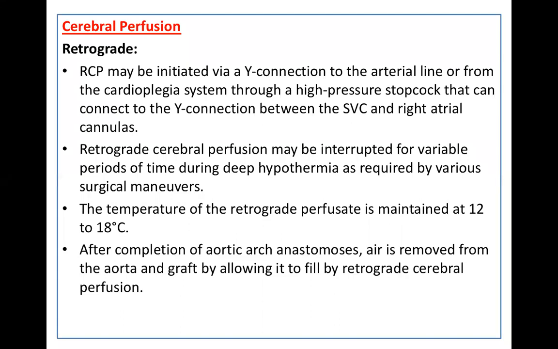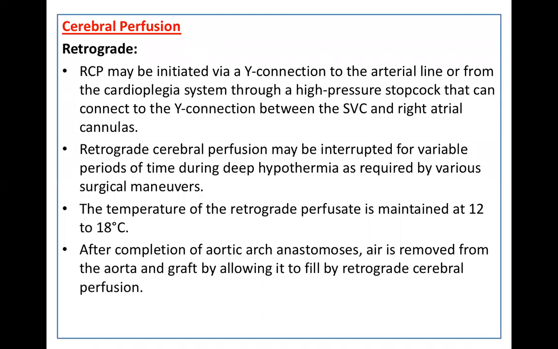If the aneurysm is not involving the neck vessels, you usually can go for a so-called hemiarch. That means that you don't touch the neck vessels, you leave them in a cuff, and you anastomose the cuff to the tube graft.